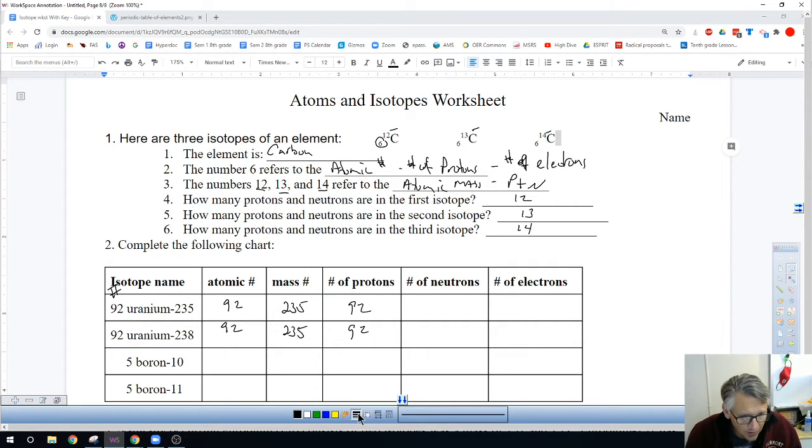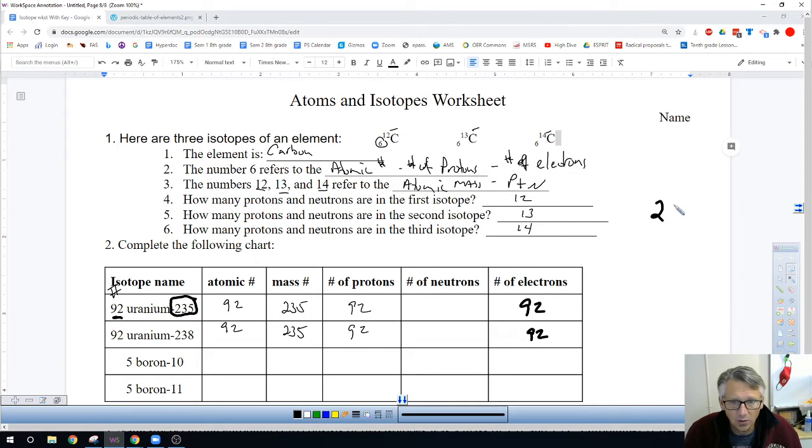I'm going to go with a thicker one and see if that makes my writing any better. So if it has 92 protons in a neutral atom, it should have 92 electrons in a neutral atom for both of them. And how many neutrons? Well, this is the mass. So the mass is protons plus neutrons, and that's the protons.